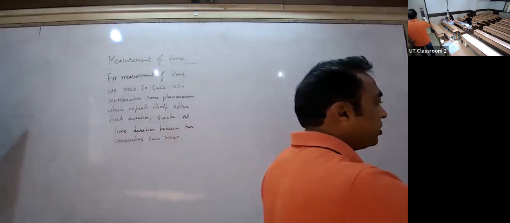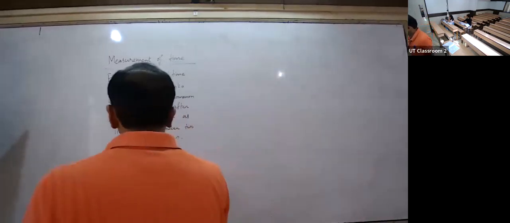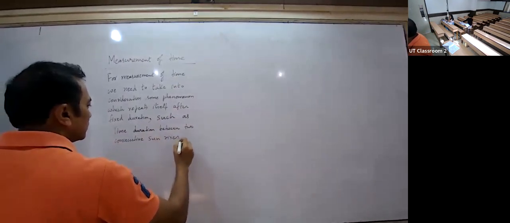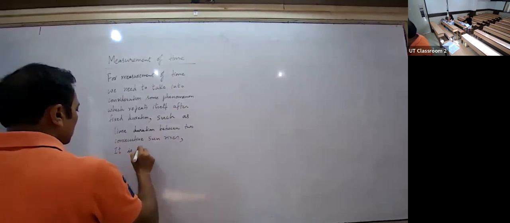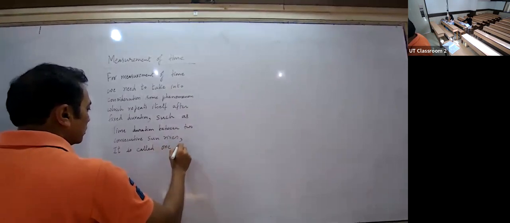So this duration between two consecutive sunrises is called one solar day.